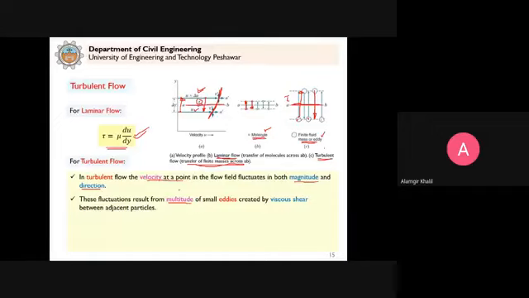Multitude means the state of being many. Many small eddies are created because of turbulence, by the viscous shear between adjacent particles. So these eddies grow in size and then disappear as their particles merge into adjacent eddies.